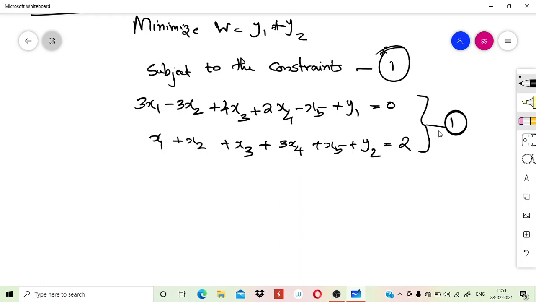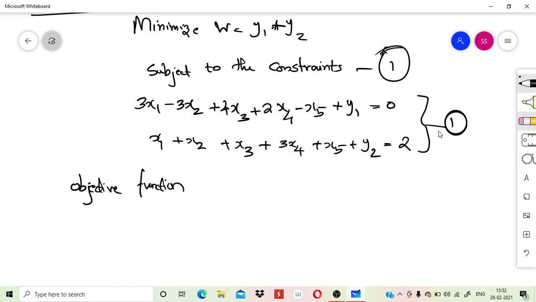And our original objective function, the objective function given by the exam, again we have to write in standard form.